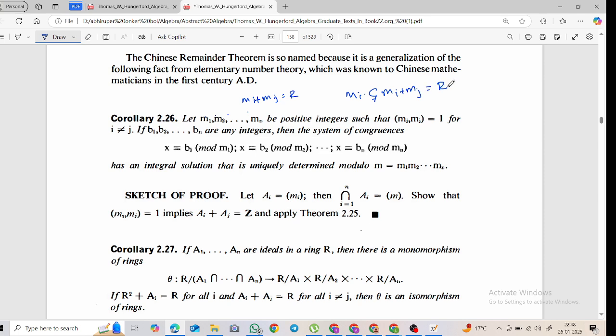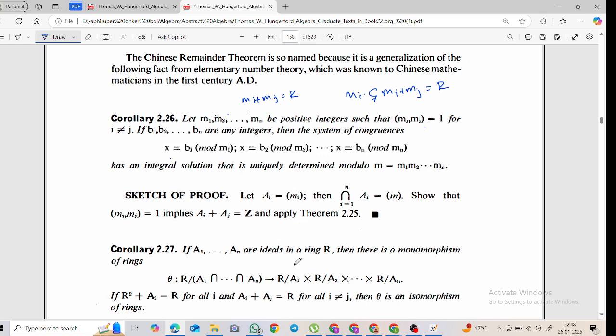So this has to be R, right? So the co-maximality condition is satisfied. Mi plus Mj is equal to R. So then there exists a common x. It directly follows from the above proposition.